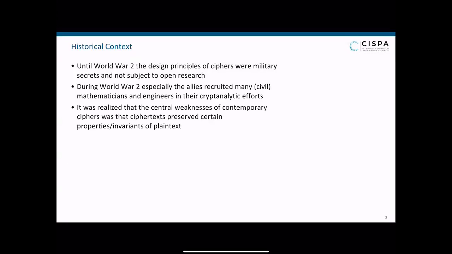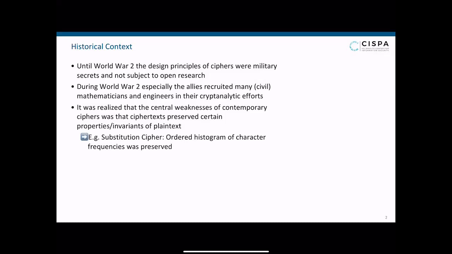And now, those fresh minds that poured into this field soon realized that the central weaknesses of these contemporary ciphers, which again were military secrets not known to the outside world, were that ciphertext preserved certain properties or invariants of the underlying plaintexts.